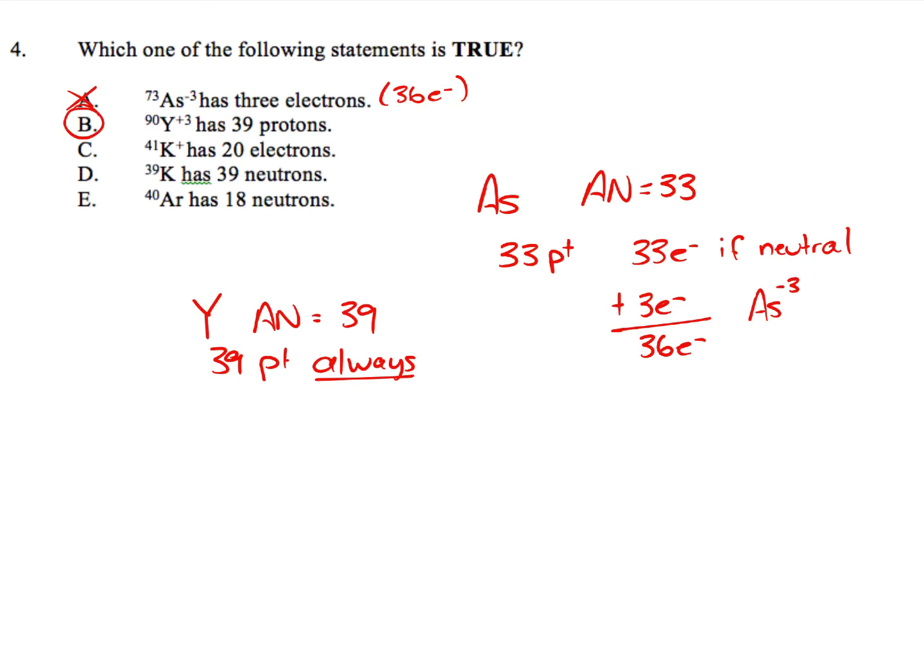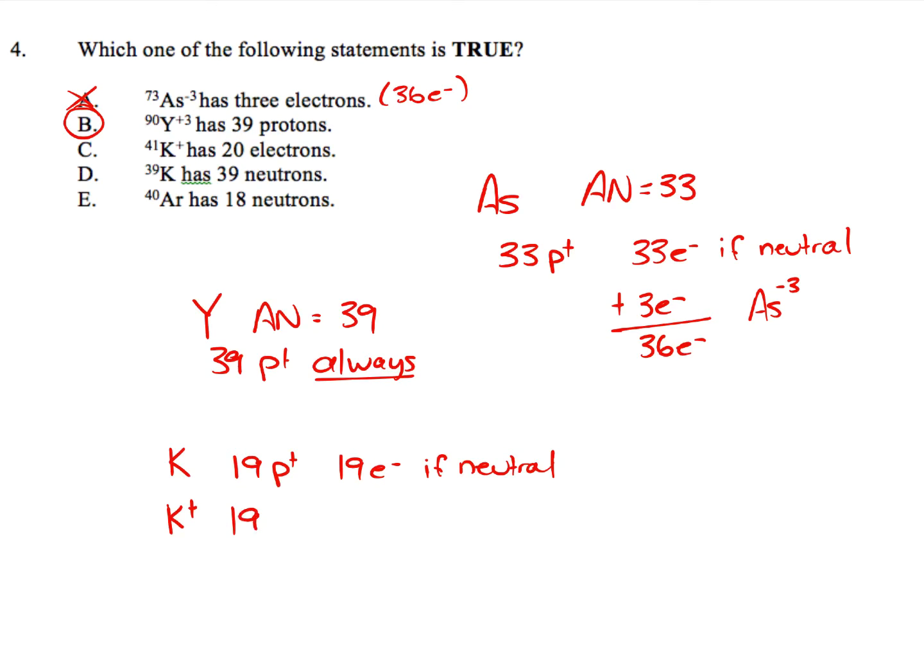So it says 41 potassium plus has 20 electrons. Okay, so potassium, atomic number 19, so it has 19 protons. If it's neutral, it'll have 19 electrons. But it's potassium plus.